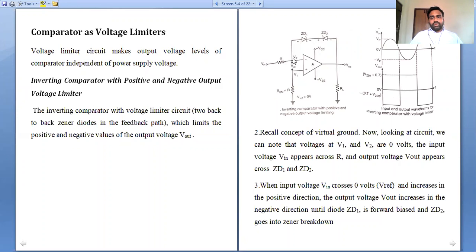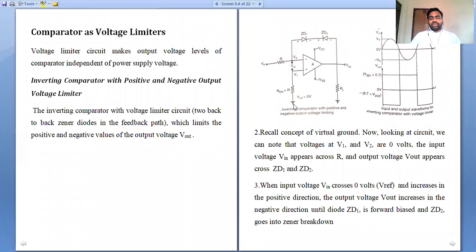The voltage of the inverting terminal V2 is equal to the non-inverting terminal voltage V1. That is the basic of the operational amplifier. Here the reference voltage is 0 and V1 is 0, such that V2 is also 0.